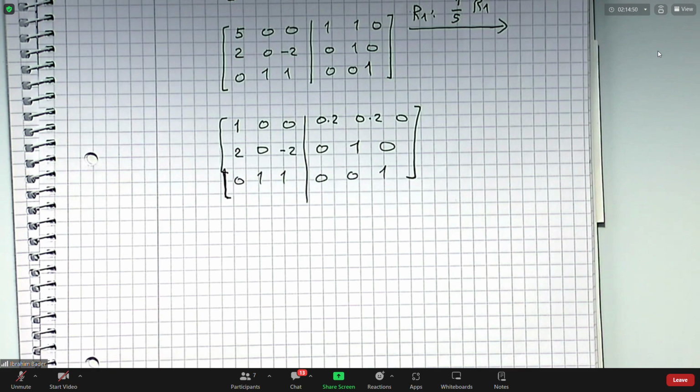Now the next step. Don't forget, this is something you can easily lose track of. The next step is I'm going to get rid of this 2 here.